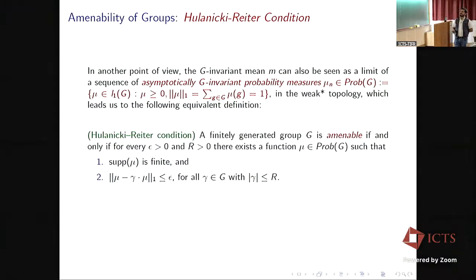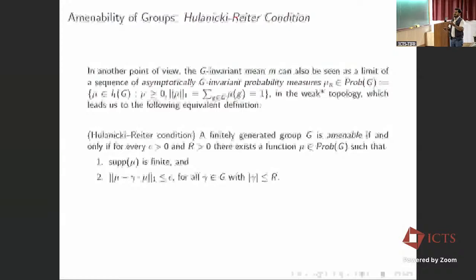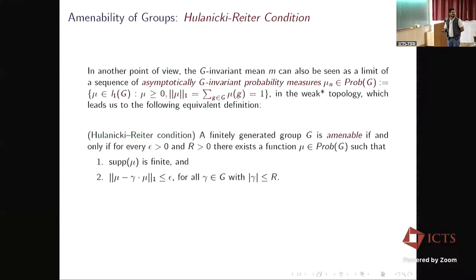This definition says that a finitely generated group would be amenable if and only if for every epsilon and r, you will have this kind of a probability measure, which is not invariant, but it is almost invariant.